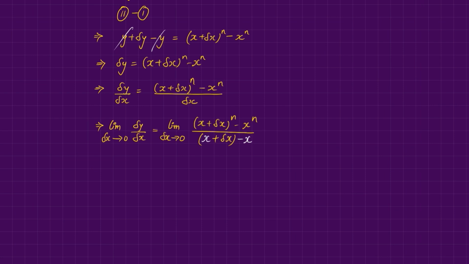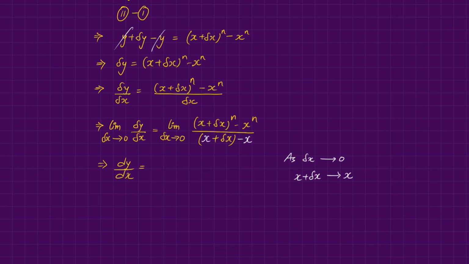Now on the left hand side, limit delta x tends to 0 of delta y over delta x is dy by dx. So dy by dx equals, as delta x tends to 0, if I add x on both sides, then x plus delta x tends to x plus 0, which is x.